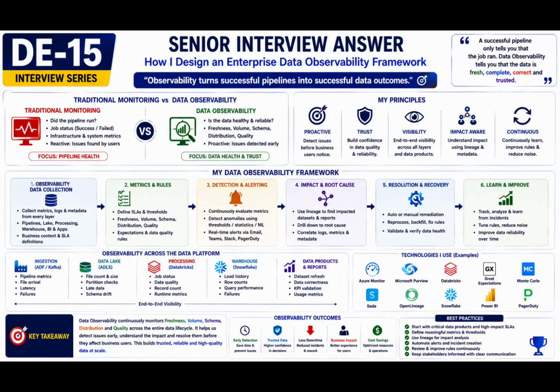Finally, we have to track MTTD, mean time to detect, and MTTR, mean time to resolve, and continuously tune the monitoring rules to reduce false positives and improve reliability. Right? The objective is to move the organization from reactive troubleshooting to proactive data reliability.